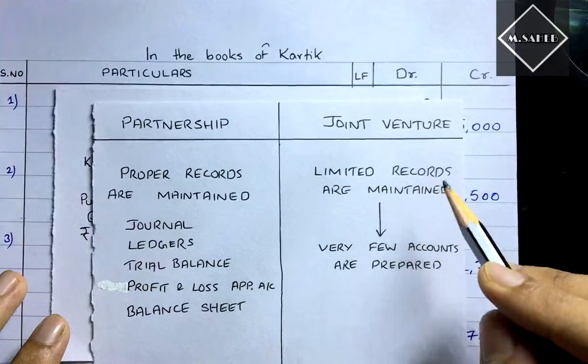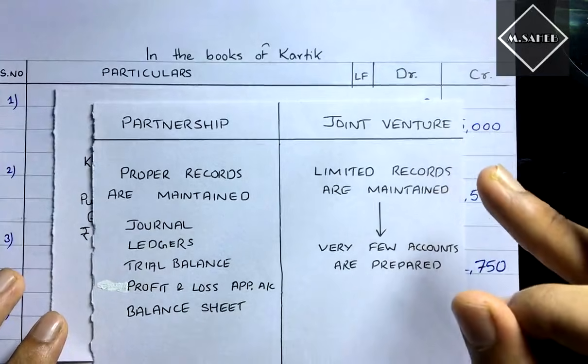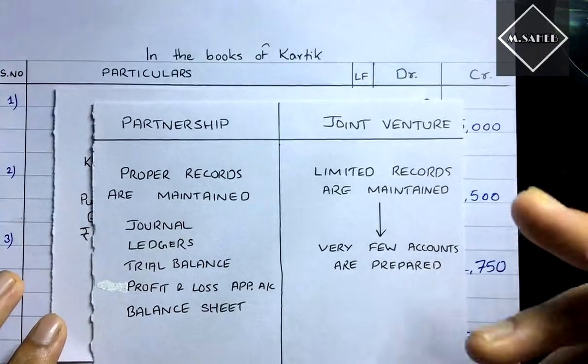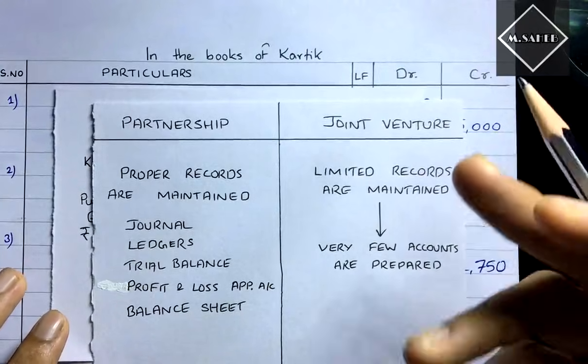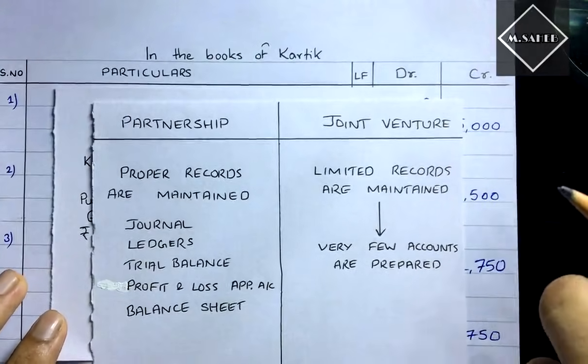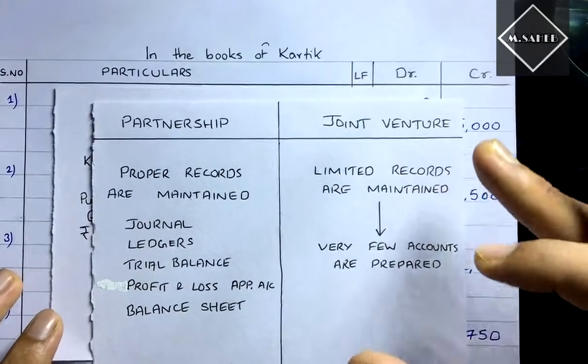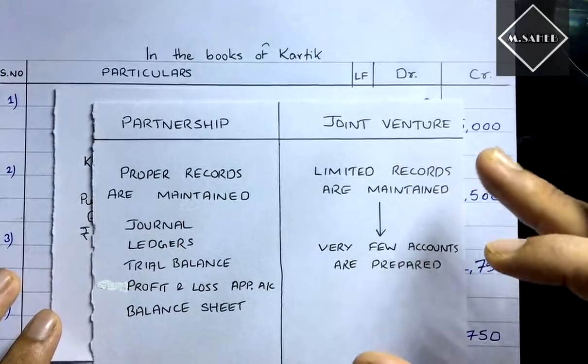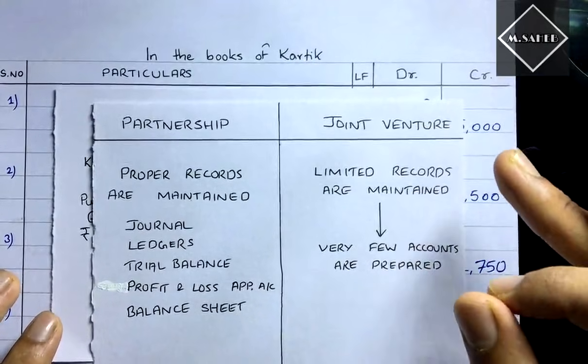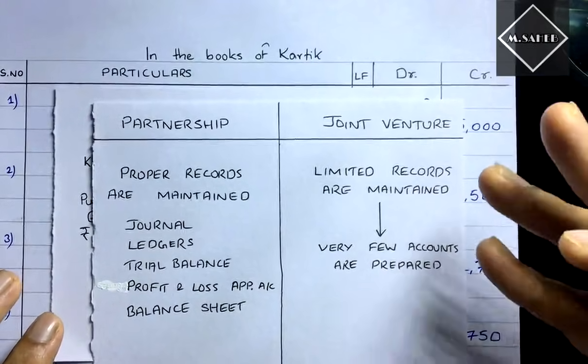Joint venture is only meant for a short duration, hardly 2 years, maybe only 6 months, 3 months or 1 month. So it is not economical to go through a long procedure here. We will fulfill our objective to find out the profit of the joint venture.